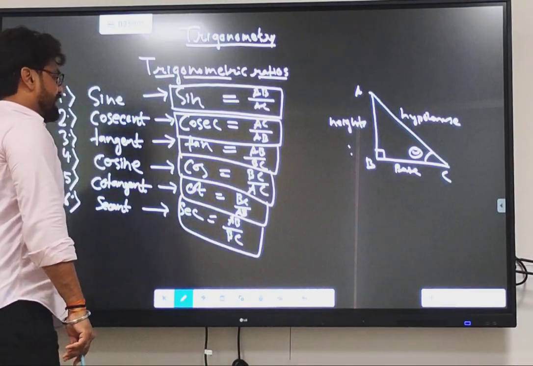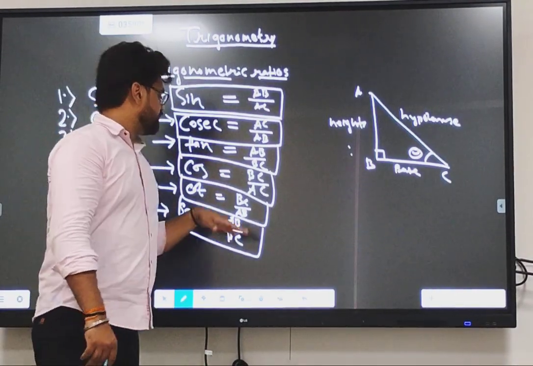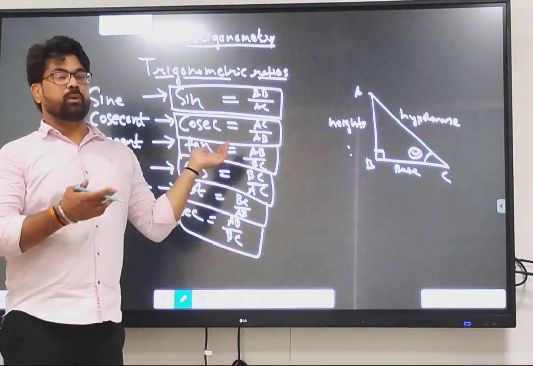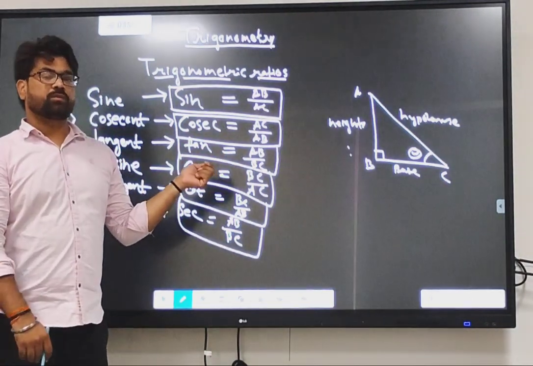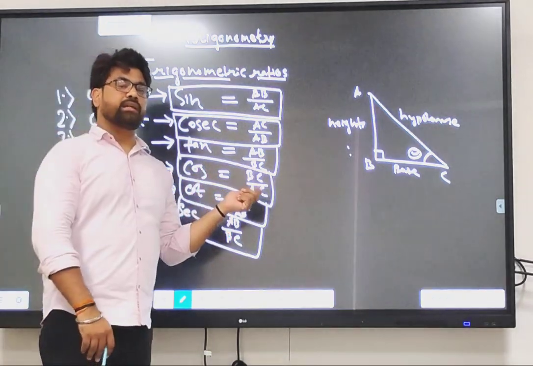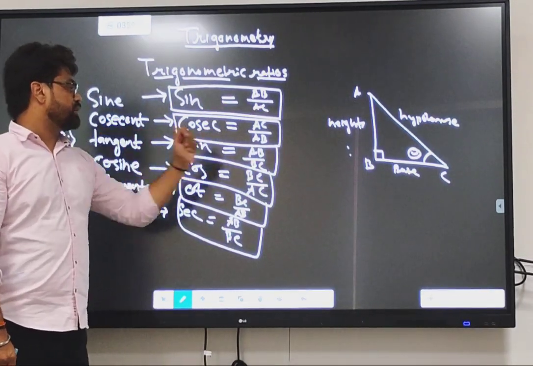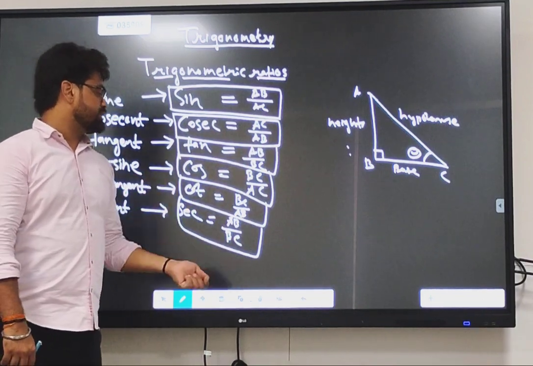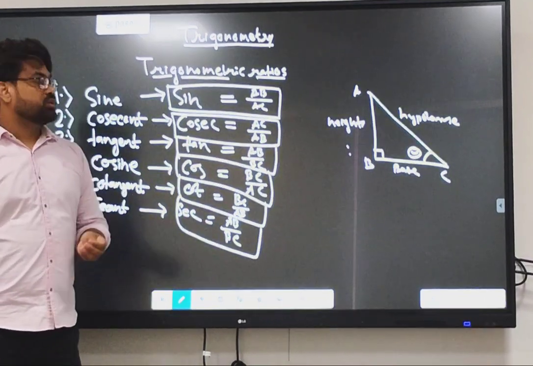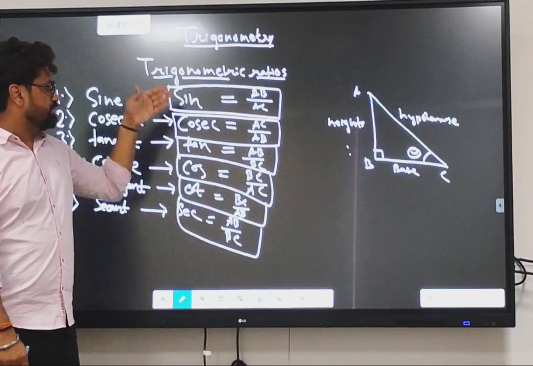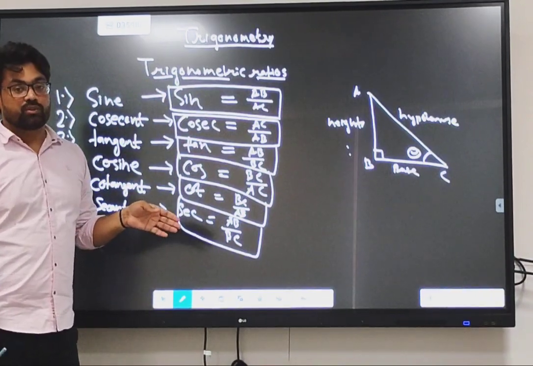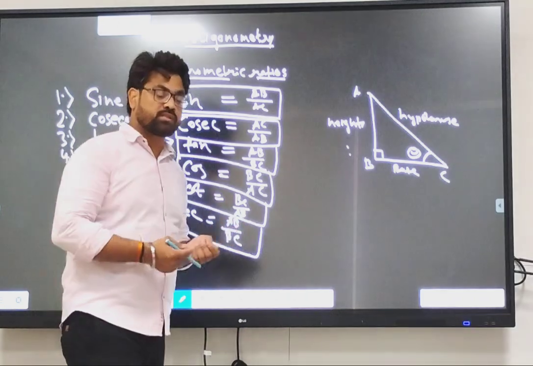Now, how can I remember all these ratios? When you are learning this for the first time, it will be a little complicated to learn all these ratios. What is AB upon AC called? What is AB upon BC called? What is BC upon AB called? So we have these 6 ratios and 6 names of the ratios, and you may get confused sometimes.